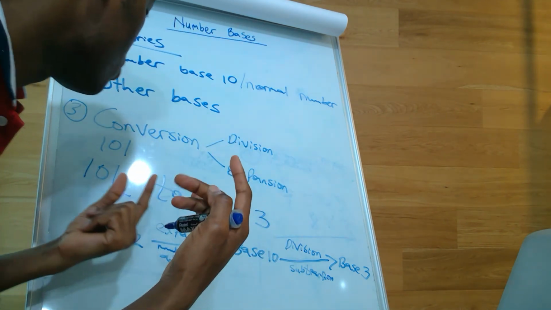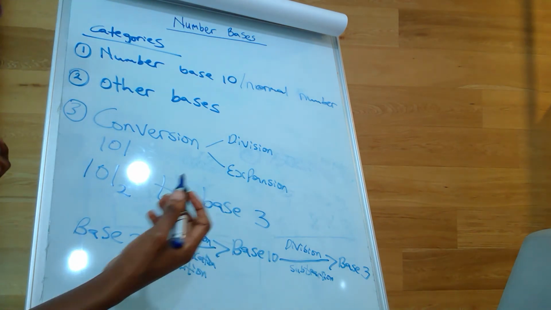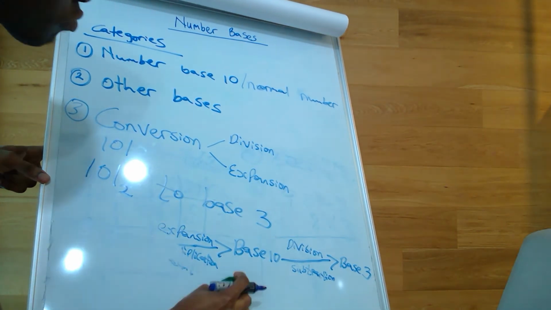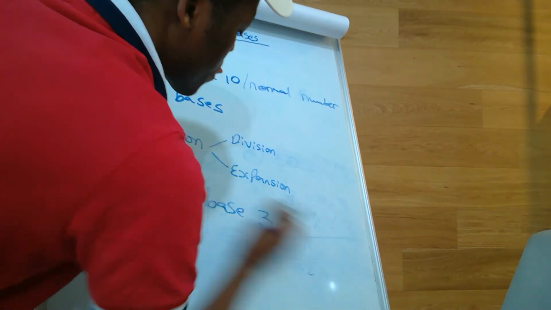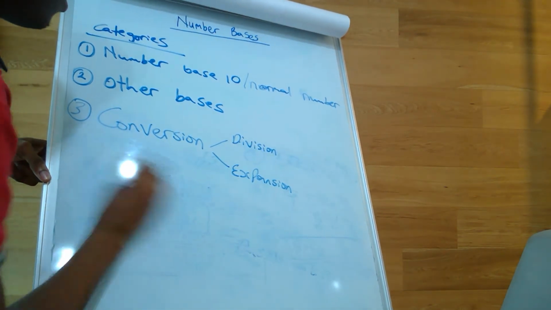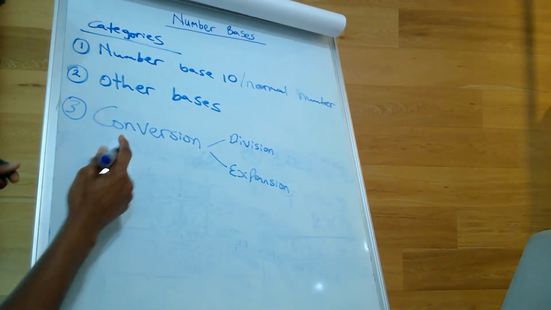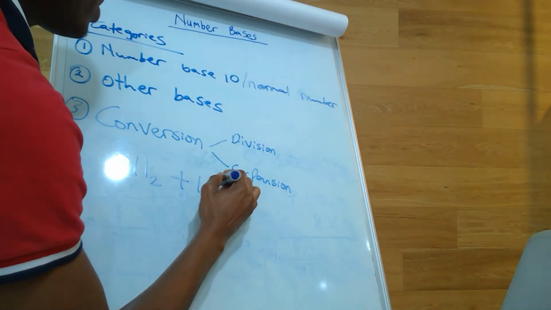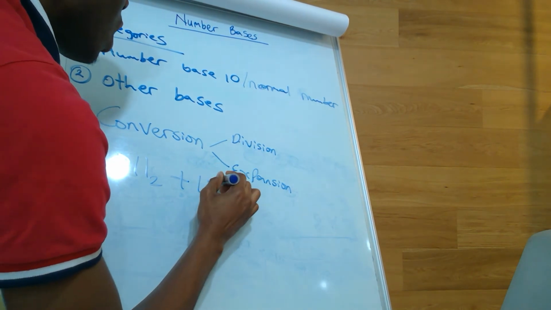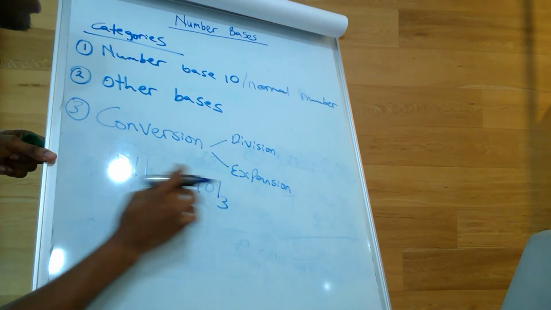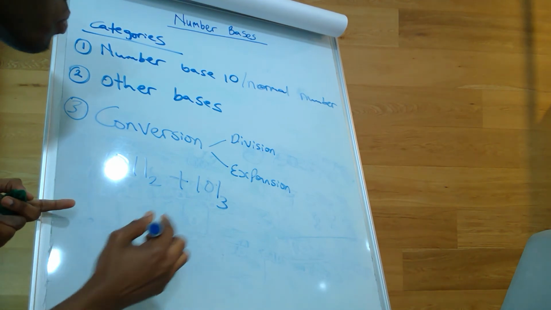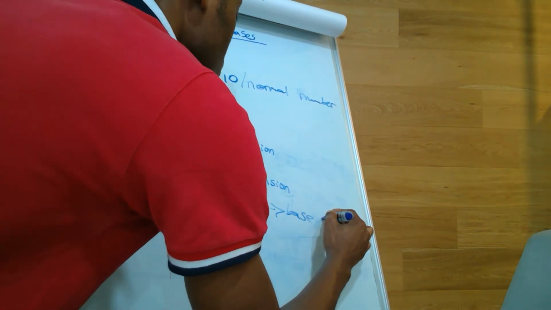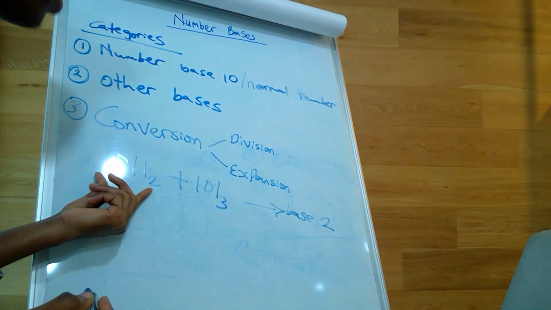If you are given in any question to solve maybe 101 base 2 plus 101 base 3, the two bases are different, and they ask that your answer must be in base 2, this one is in base 2 already.